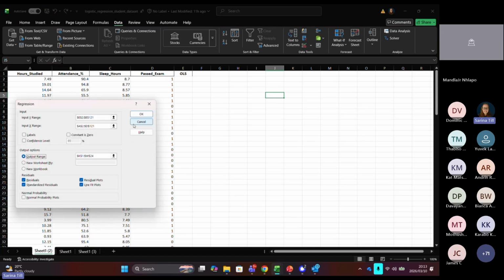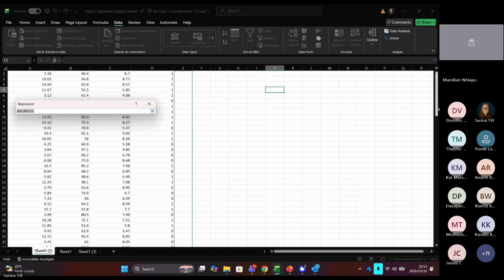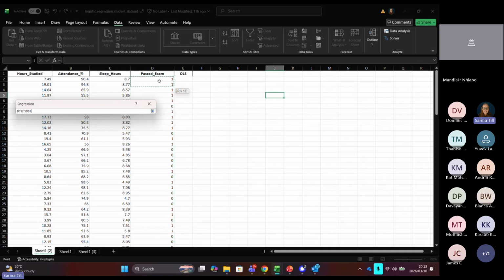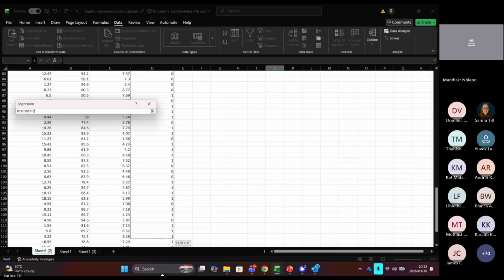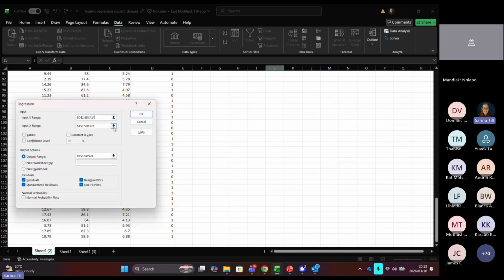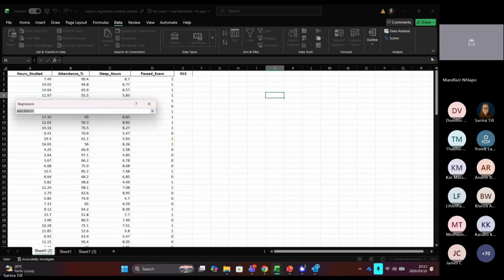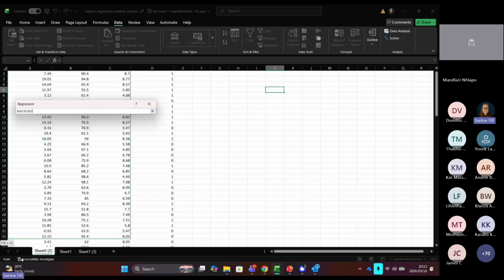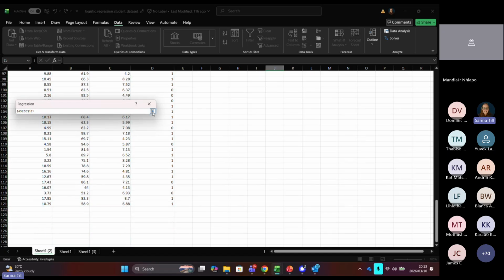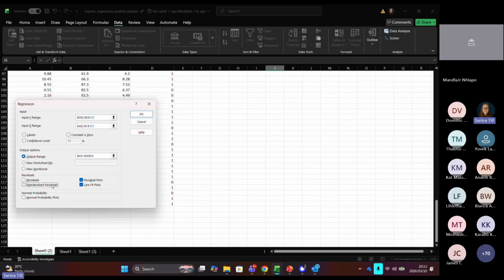What do we want to say? What is our Y input range? Well, it's this. Does it work the same for this? No. Okay. What is our X input range? It is this. So I'm just going to not show all the plots this time.